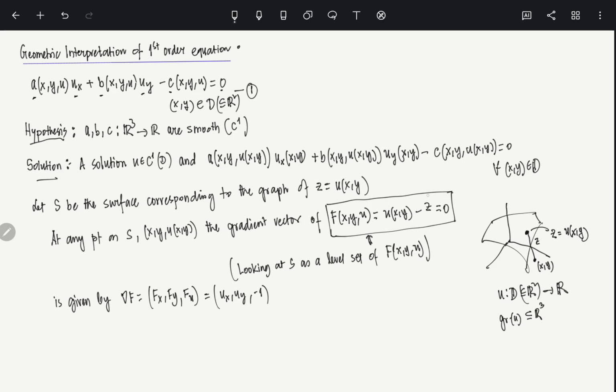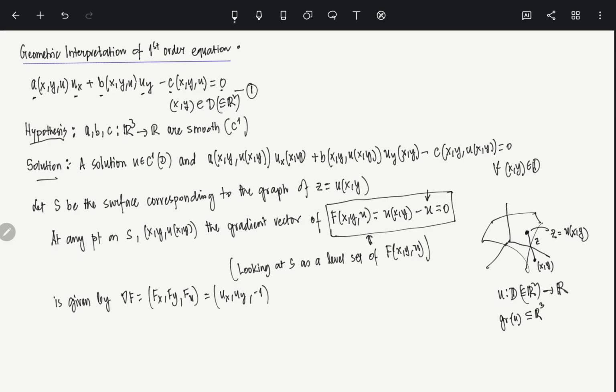This f is a function of x, y, z, so there is a small notation mistake. I should write it as u, otherwise you may get confused, but you do realize z is actually u. So that is ux, uy and minus 1.